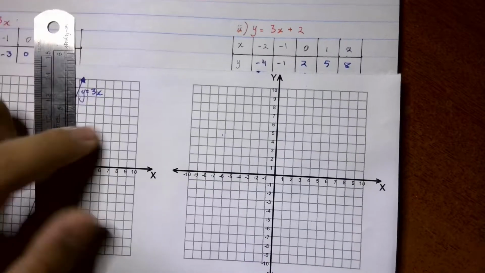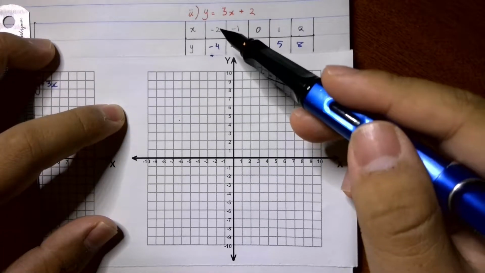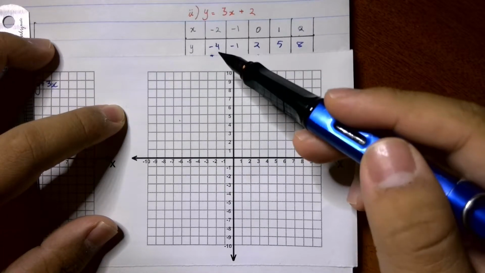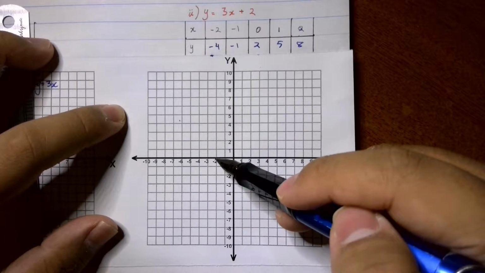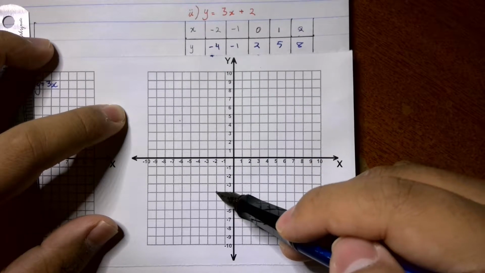Drawing out all these points and plotting them in first. We need to take -2, -4; -2 is here, moving down to -4.